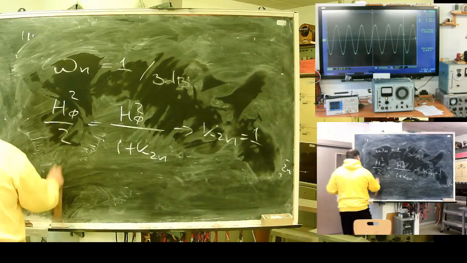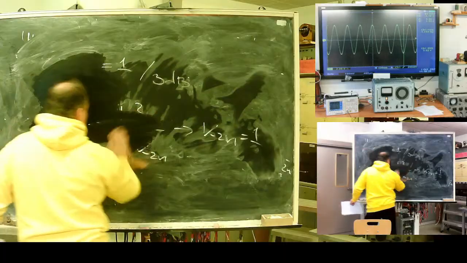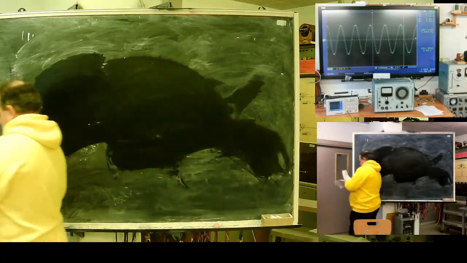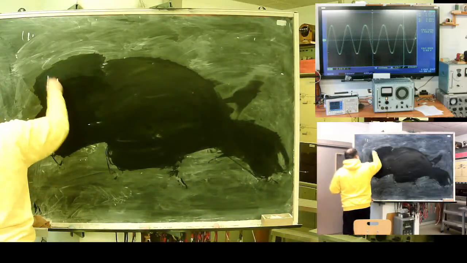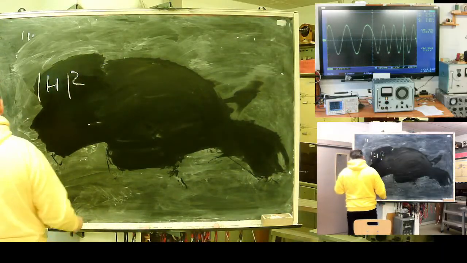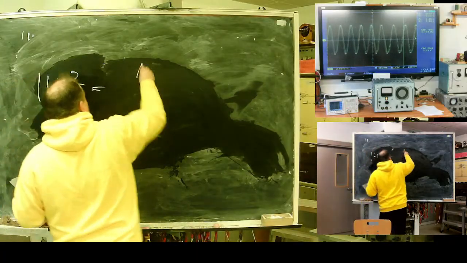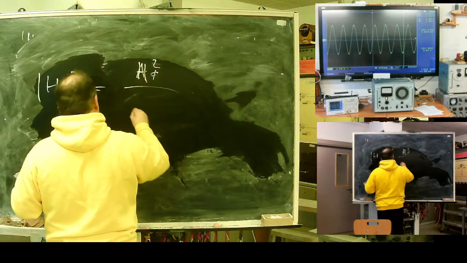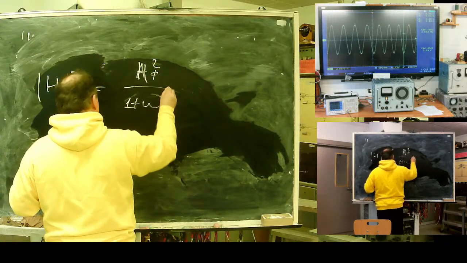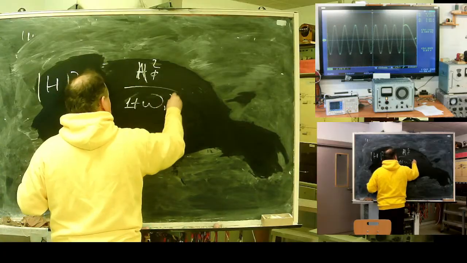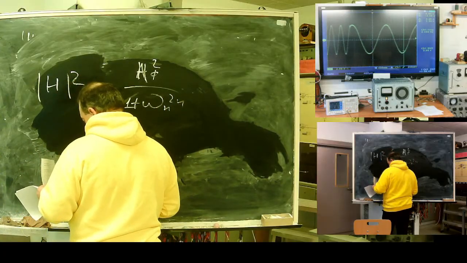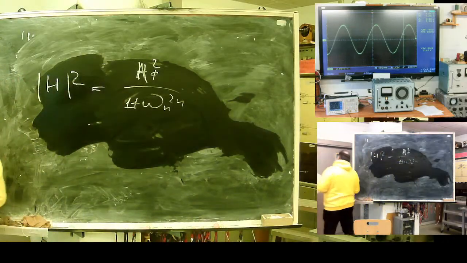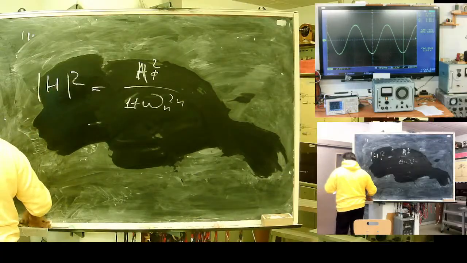For a Butterworth filter of nth order, the squared magnitude should be H0 squared over 1 plus omega n to the power 2n. So we need a schematic performing this way.